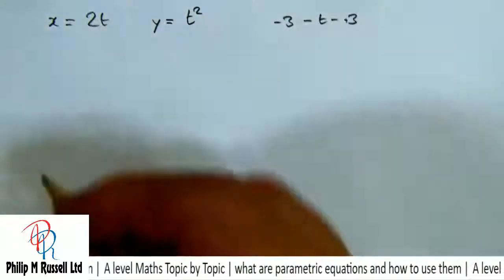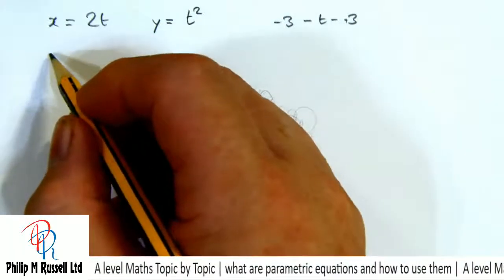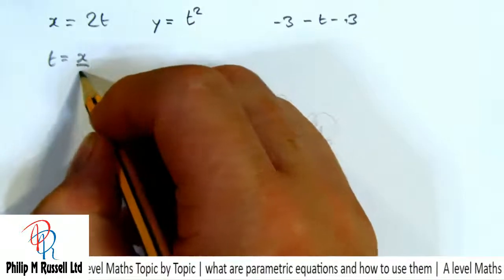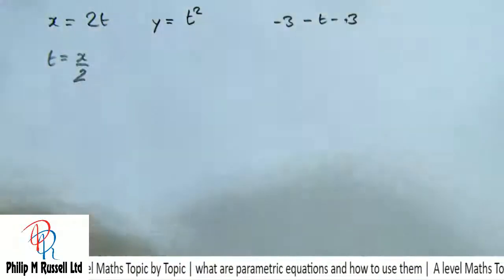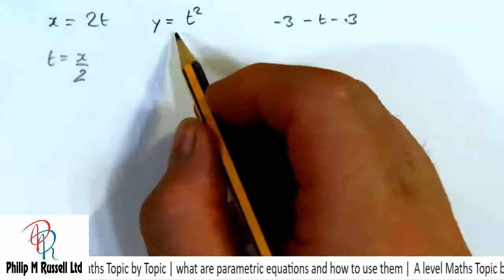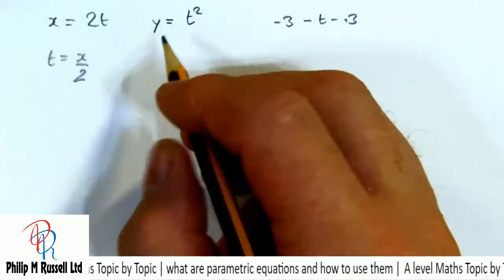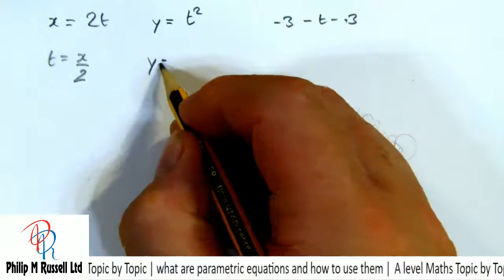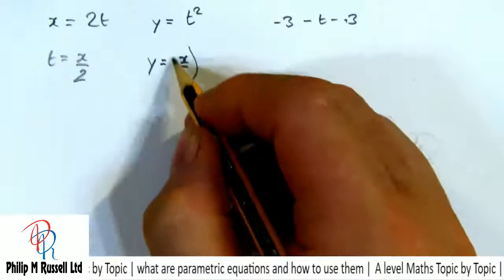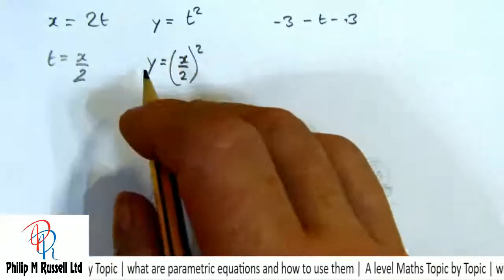So we rearrange the equation so that I can say that t here is going to be x over 2. Now if I know that, and I know that y is t squared, then I could say that y equals x over 2 all squared.